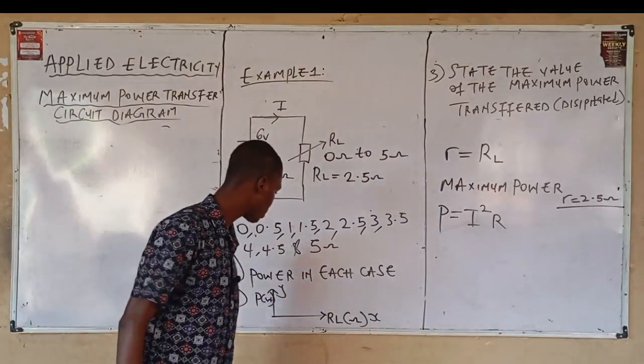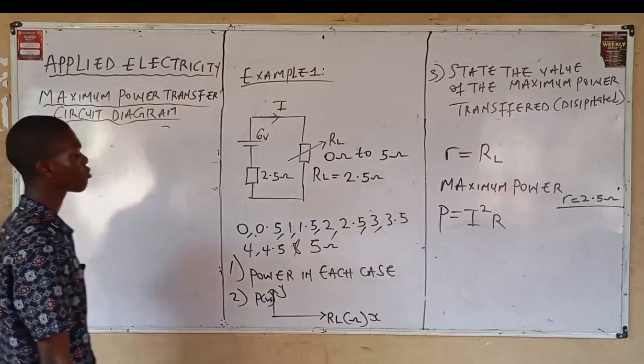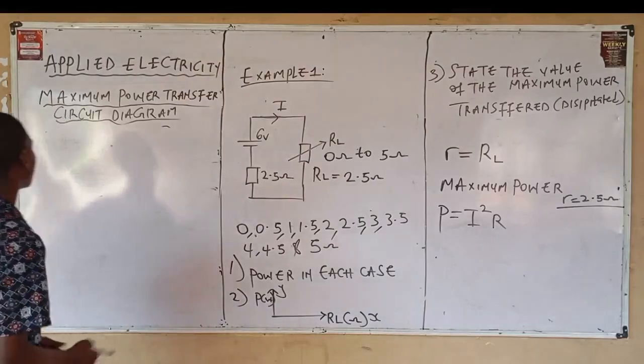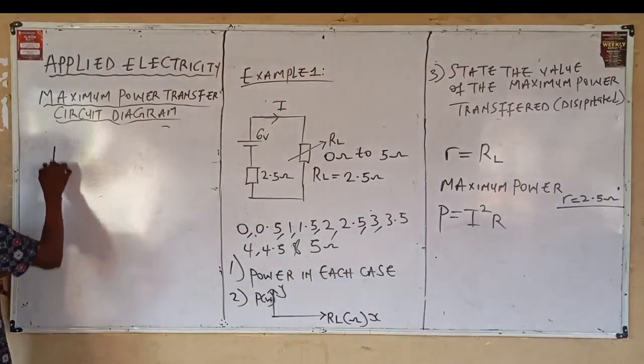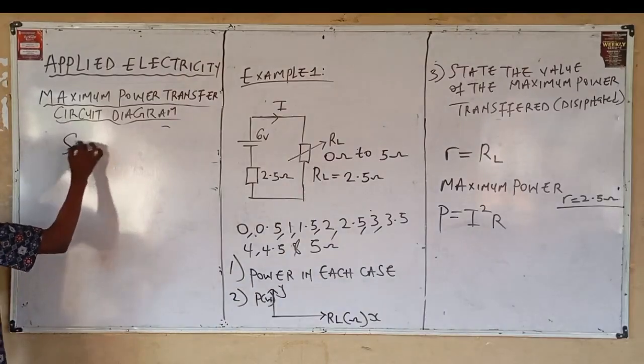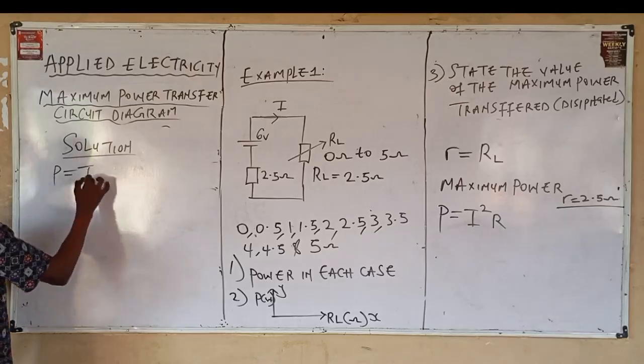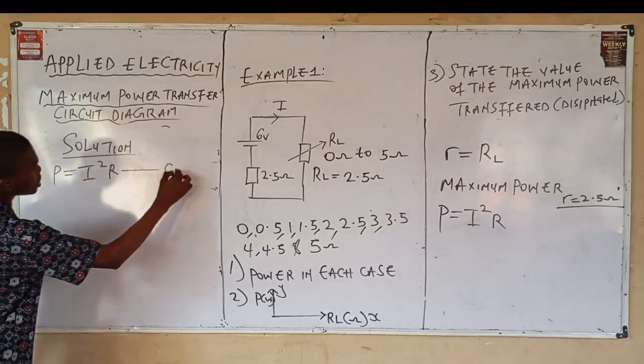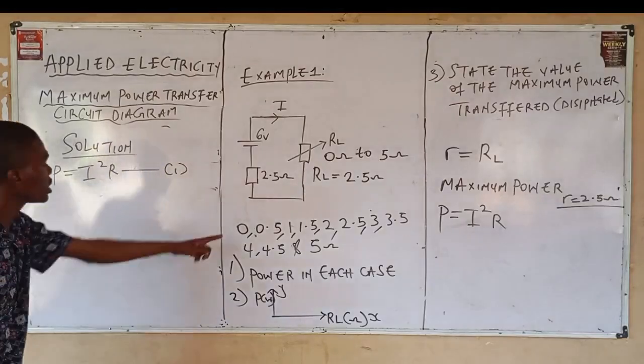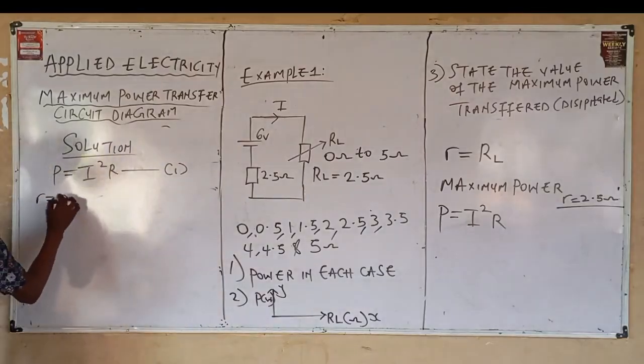Question 1 says to calculate the power in each case. By formula, we know that power is equal to I squared R. Call this equation 1. Let's say when R is equal to 0 ohms.